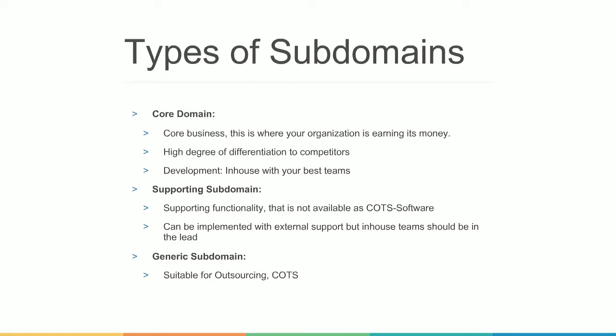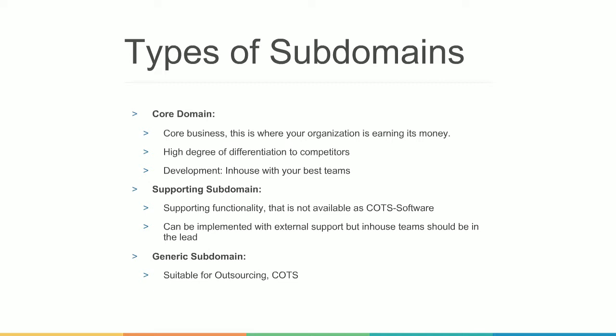And well, that's obviously not the way it should be. On your core domain, you want to have a lot of possibility for differentiation against your competitors. You want to be different. You want to have a really great product in this domain, because that's where you are competing in the market.